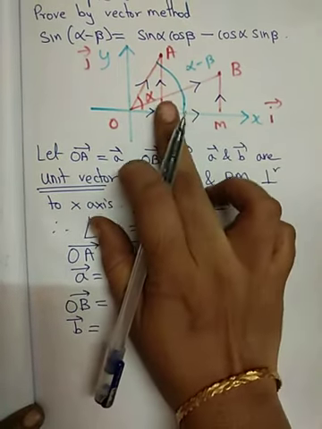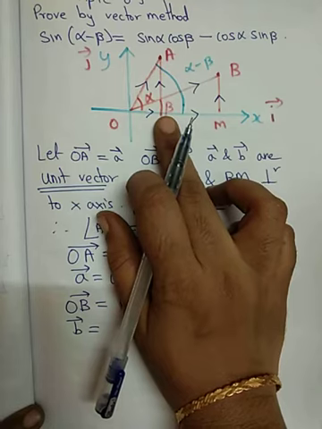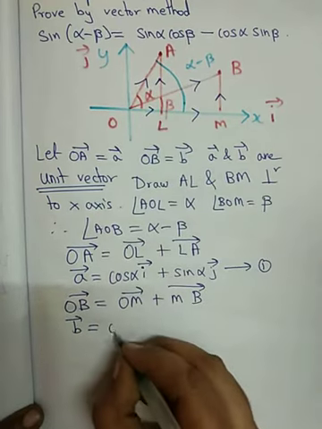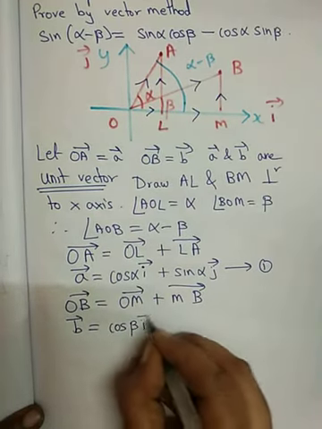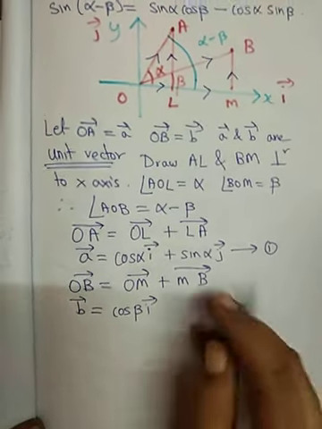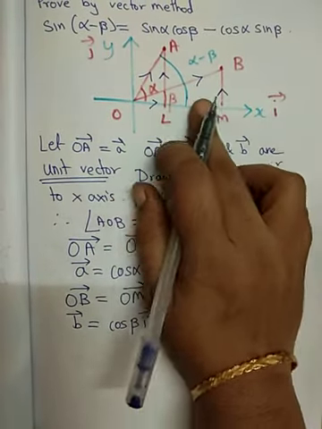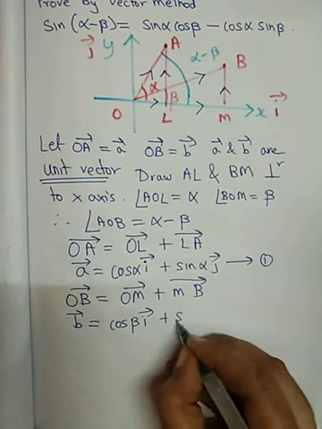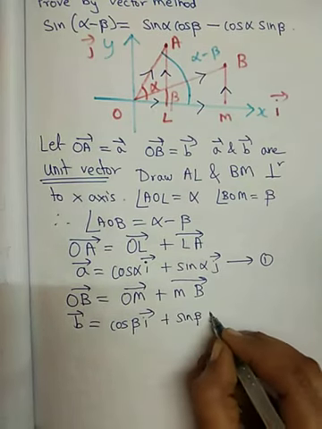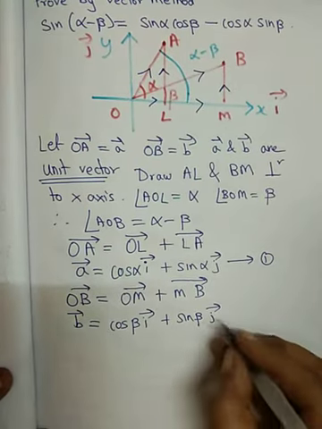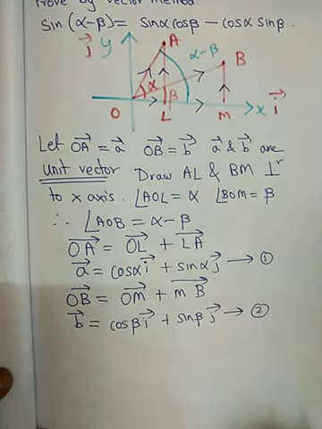OM, it is adjacent side of beta angle. So I should write cos beta i vector. MB, it is opposite side of the angle beta. So I have to write sin beta j vector, because it is along y-axis. Let me name it as equation number 2.